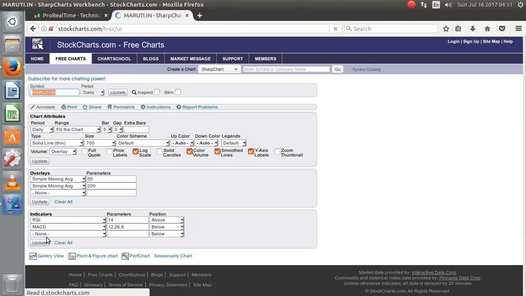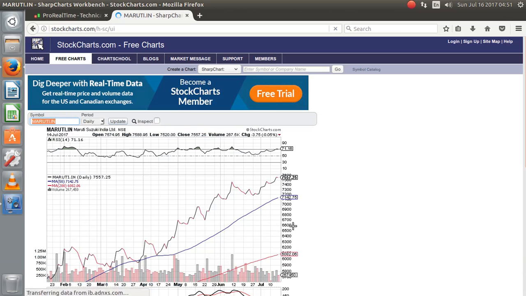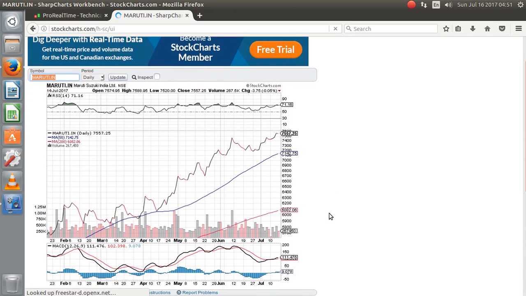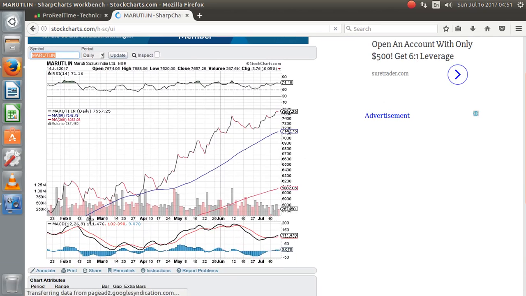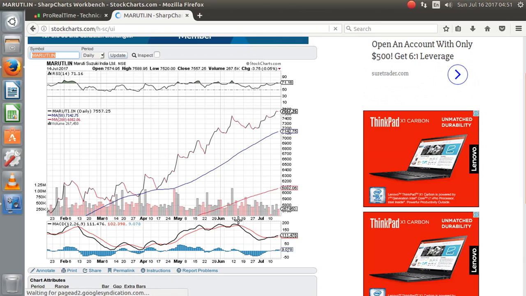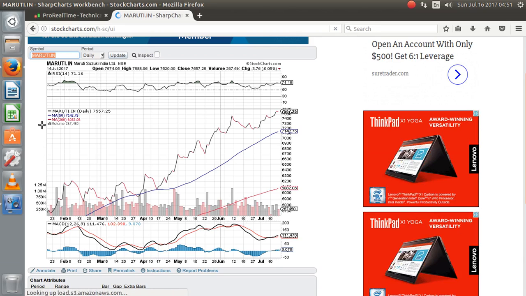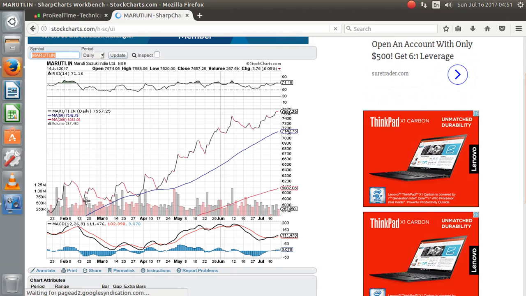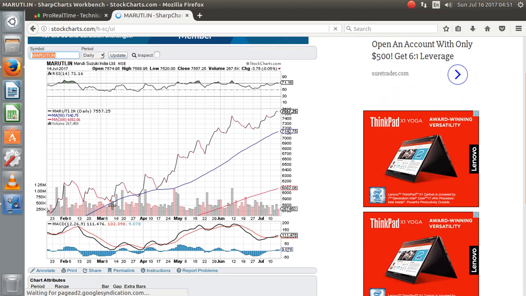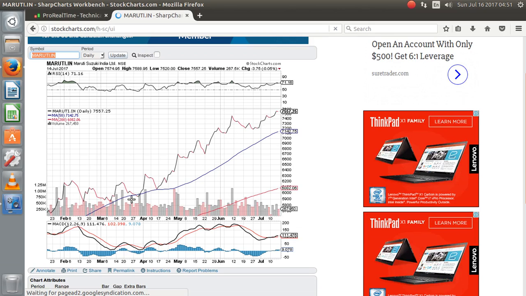There you are. There's the line chart. Now everybody's familiar with the line chart because on the horizontal plane we have the date, exact date, and on the vertical plane we have the price. So on this date the price closed this much, on this date the price closed this much, and so on and so forth. And that's how you end up having the line chart. And this is the line chart here.